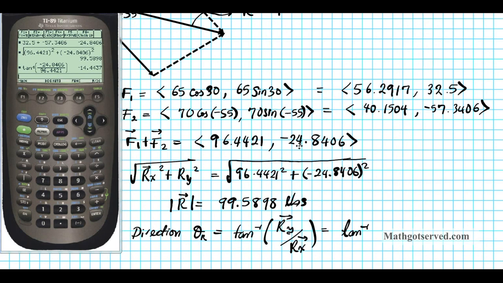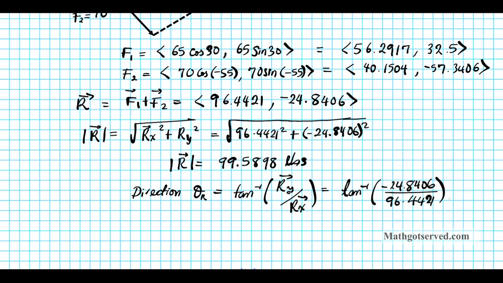If we compute the quotient in our calculators, we have negative 14.4437 degrees. So theta equals negative 14.4437 degrees. Alright, so let's write down the meaning of our answer.